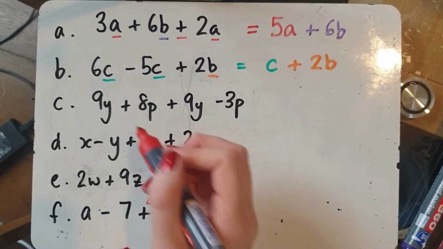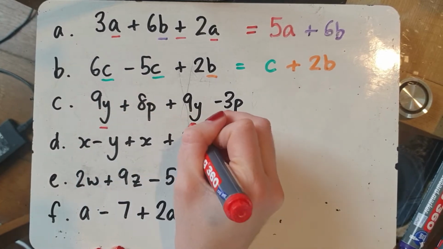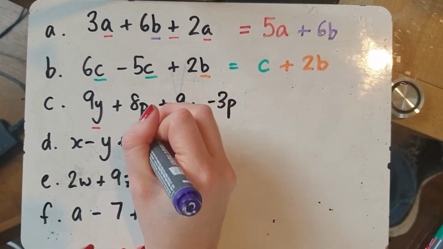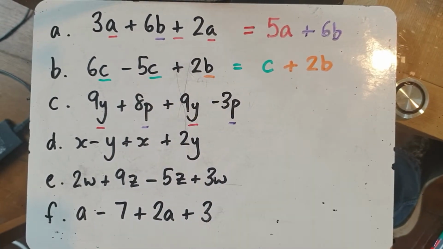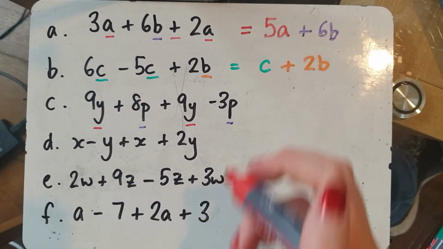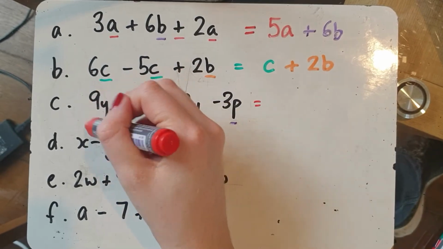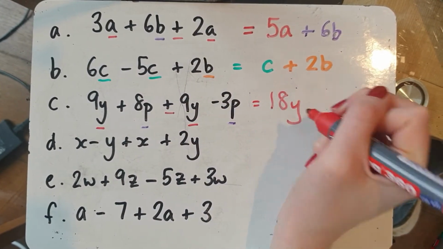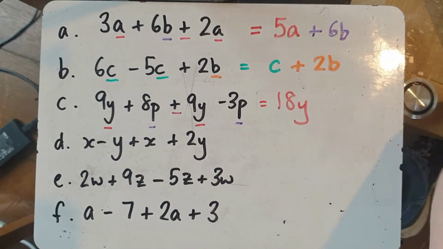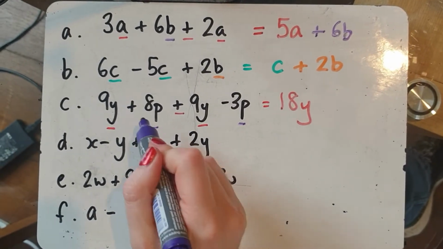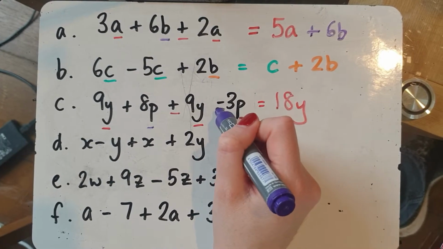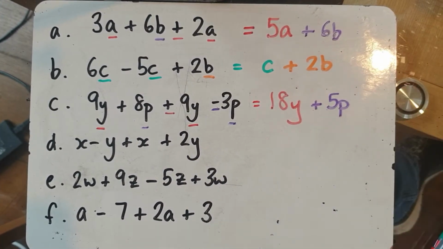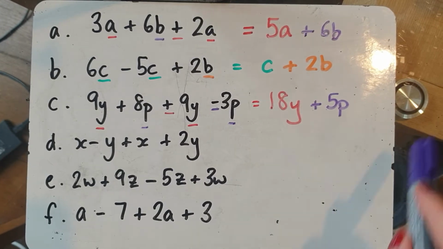The next one, I've got y here and here, and I've got p here and here. So I want to do 9y plus 9y gives me 18y, and then I want to do 8p minus 3p, so I end up with plus 5p at the end.